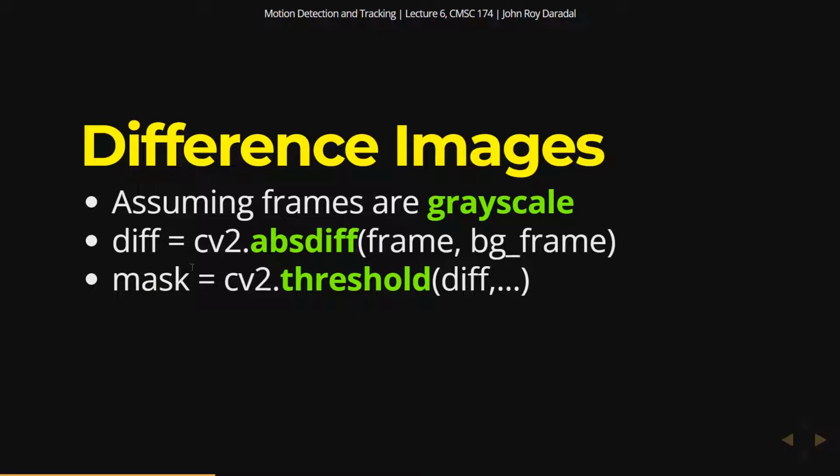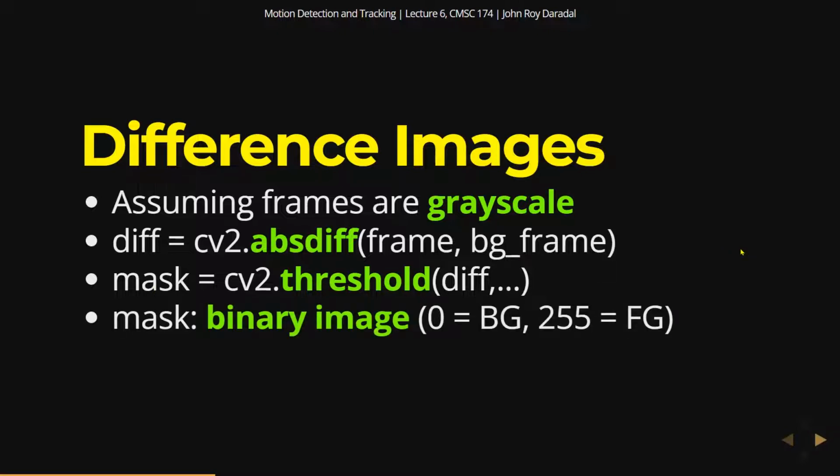That will let us produce the mask. And the mask, as you know, is a binary image wherein your values are either 0 or 255, black or white. If it's black, that means that pixel is part of the background. If it's white, that means that pixel is part of the foreground. So your mask here will tell you which part of the image is the foreground, signified by white pixels.